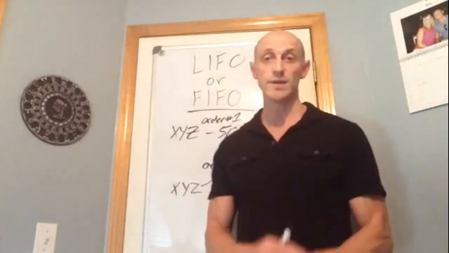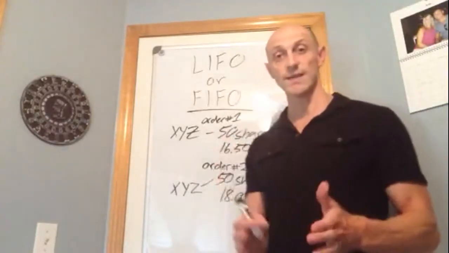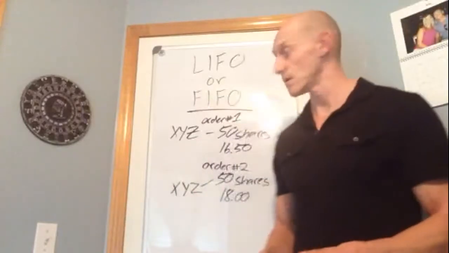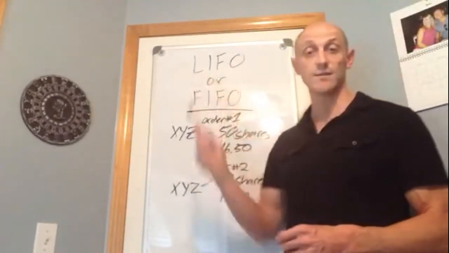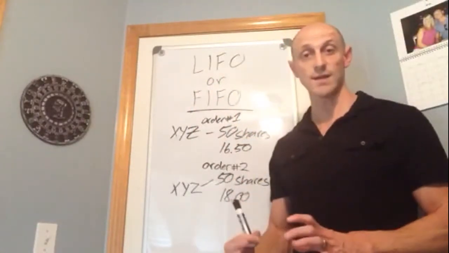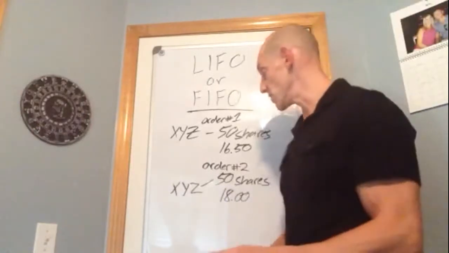For this example, it doesn't matter what price you bought in on. We're just showing you an example of buying the same stock on two different orders. And why I believe LIFO, last in, first out, is a better way to go with your account settings than first in, first out, I'll explain in a minute.